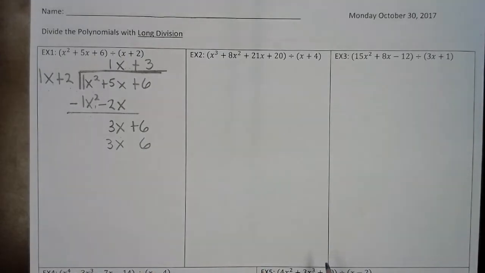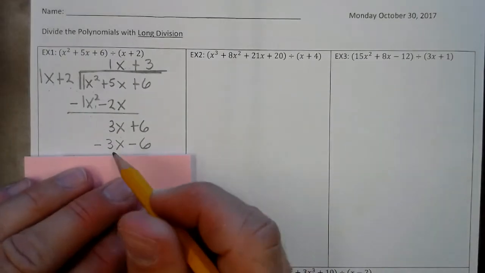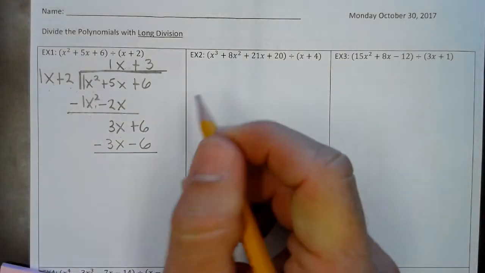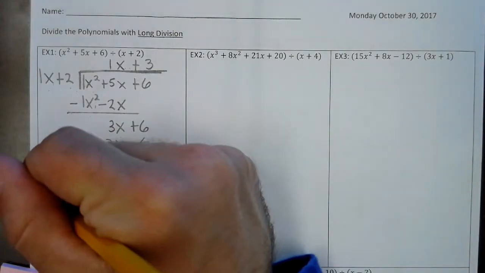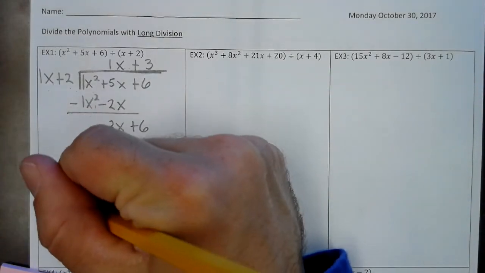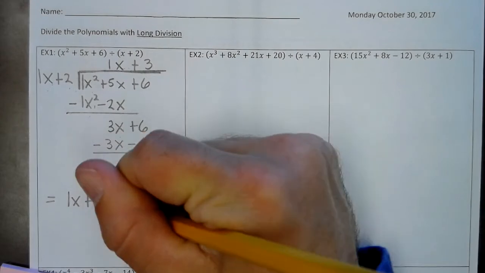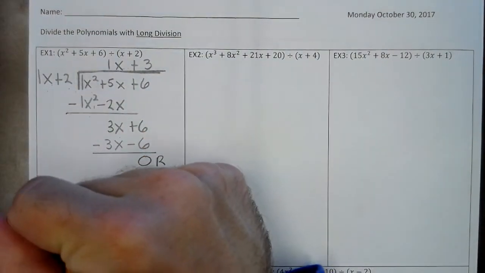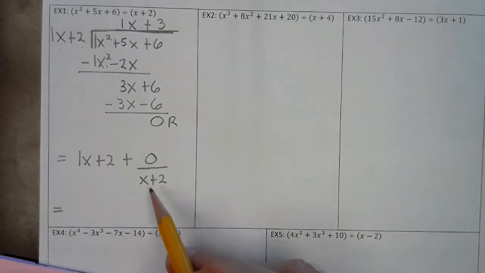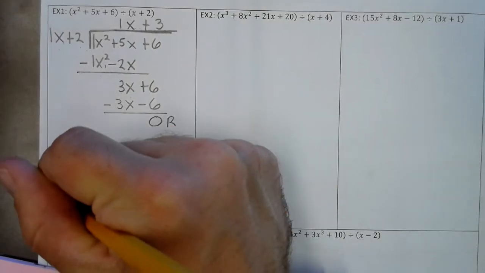And then we subtract. It cancels, and you're left with a remainder of 0. So that equals 1x plus 2 plus 0 divided by x plus 2. Well, this is just 0, so you're left with 1x plus 2.